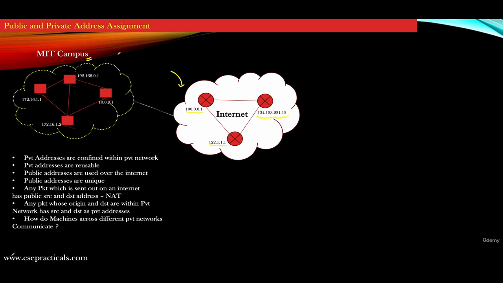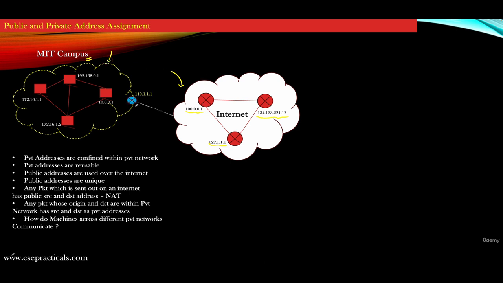It depends upon the size of the private network. Each device in the private network has been allocated a private IP address. None of the internal devices present in the private network of the MIT campus has a public IP address. Now, how does this private network communicate with the open internet?